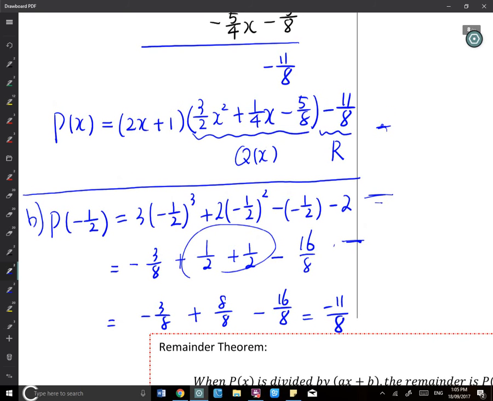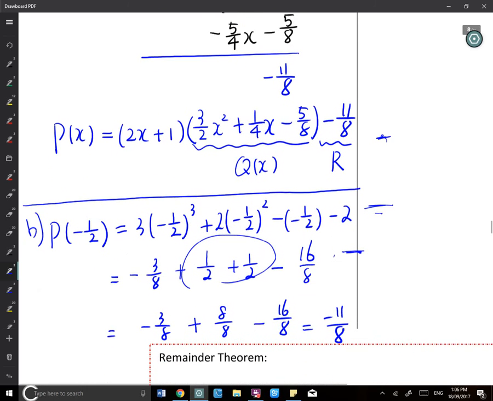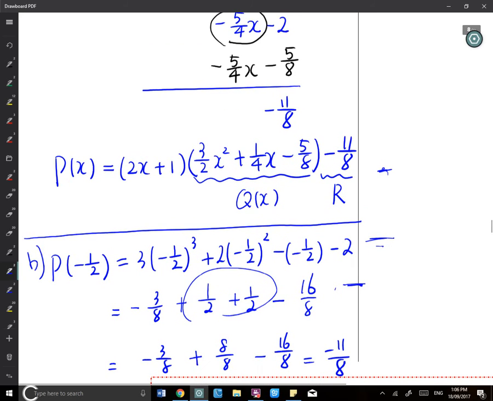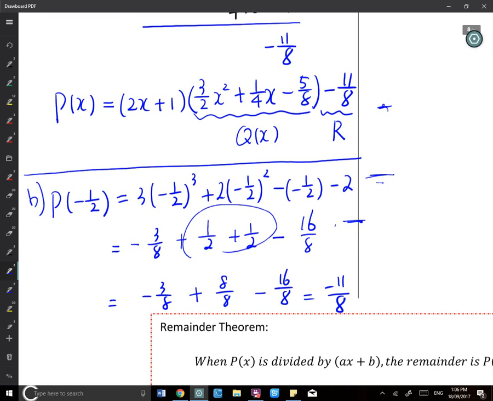What do you see? Compare A and B. What's something you noticed and something we may think about? We get the remainder, and the second one got the remainder as well. I'm not sure if it's a coincidence or if we will really get the remainder.